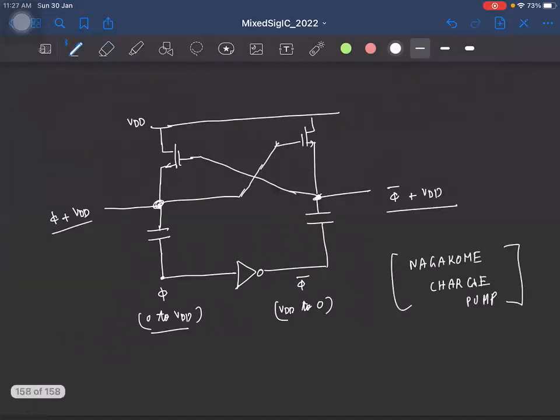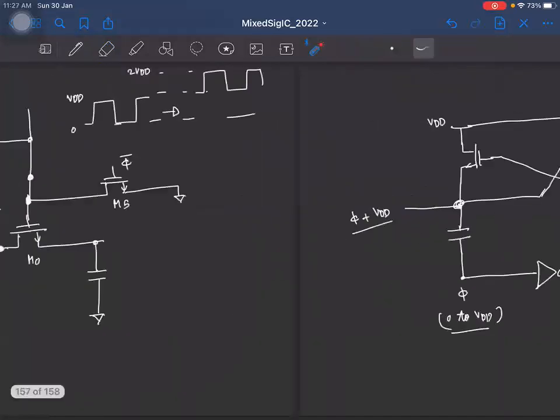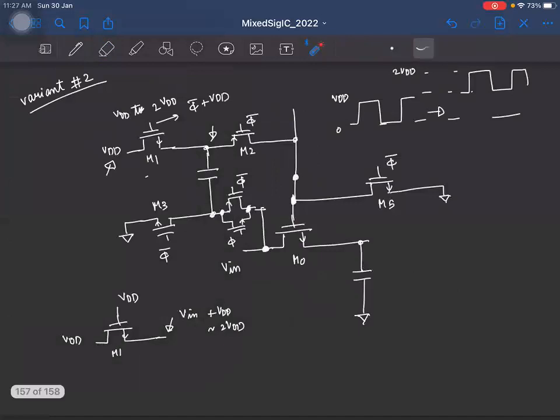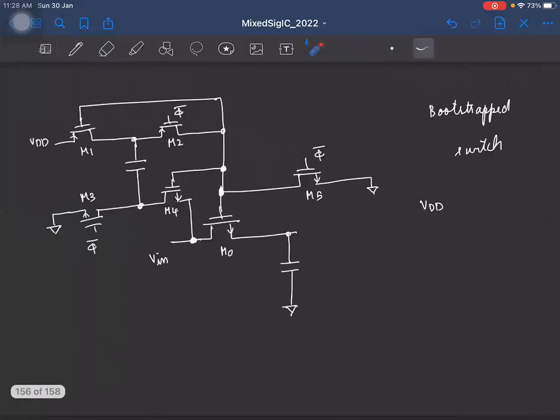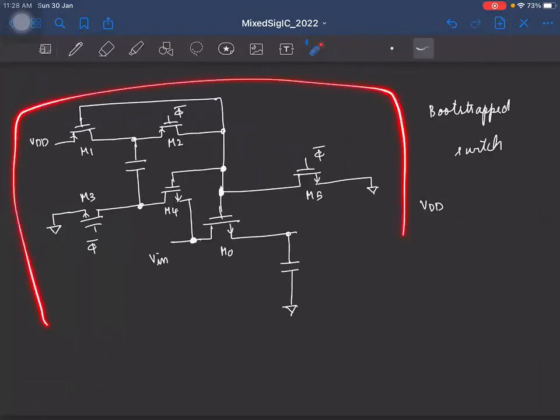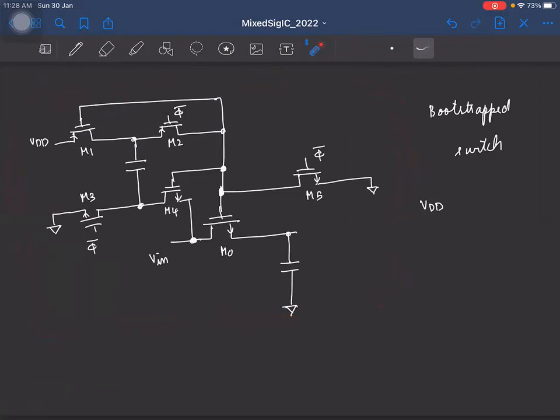Okay, so we can use this charge pump circuit to generate the required phi bar plus VDD and connect it. And this was what was used earlier. But after recognizing that these gate voltages can be shared with the gate voltage of this main switch, people have started to use this circuit, which is much more elegant and clean. Okay. So we'll stop at this point and continue from the next class.